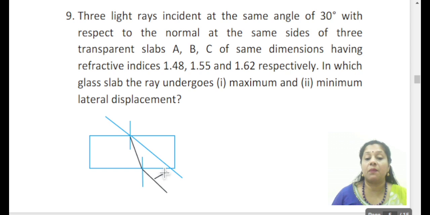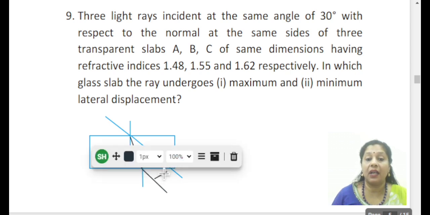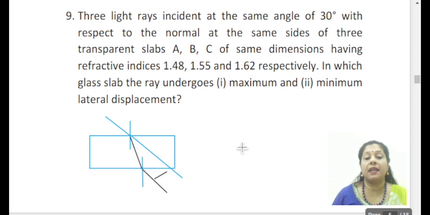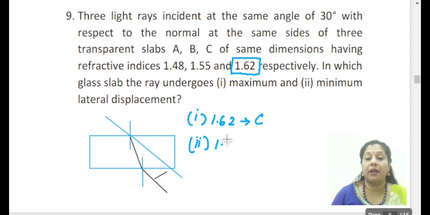So this displacement in the light ray is called a lateral displacement. So in this case, we know that the higher the refractive index, the higher the lateral displacement. So out of A, B, C, 1.62 has the highest refractive index. So maximum will be 1.62, that is C. Whereas minimum will be with the least refractive index 1.48, which is for A.